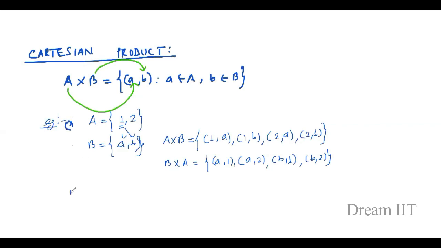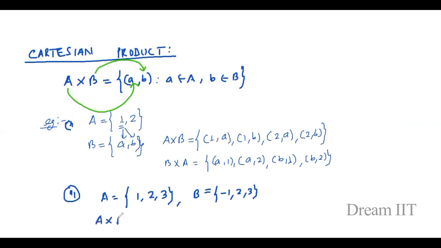Let us go for one more example with bigger sets to observe something. Say A is equal to {1, 2, 3} and B is equal to {-1, 2, 3}. It is not the case that we cannot have anything in common between A and B. It can be, right?